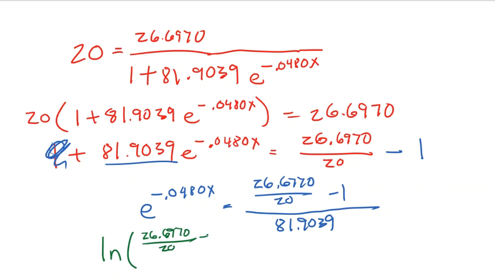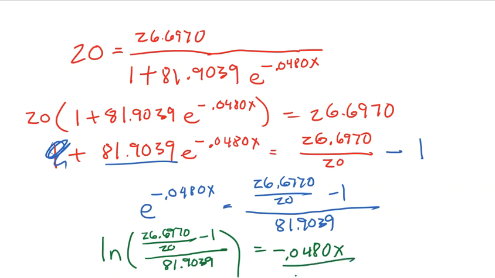You would just slowly type that into your calculator to get that number. And that would equal the exponent of negative 0.0480x. So I'm just using the definition of a natural log, which is log base e, of this ugly number equals the exponent. And I have one more step, and that is to divide by the negative 0.0480.